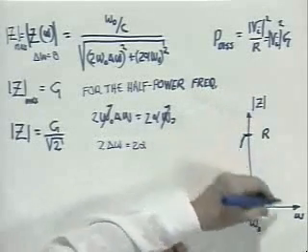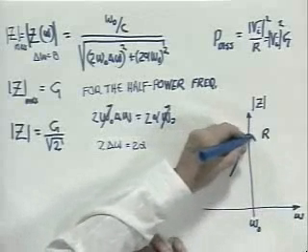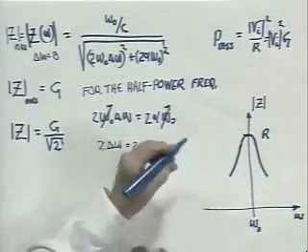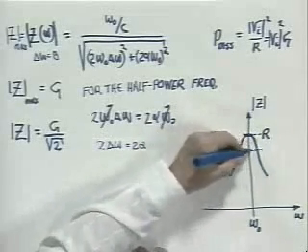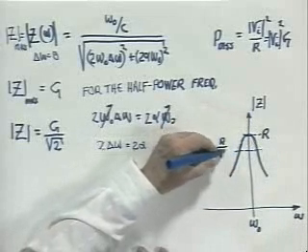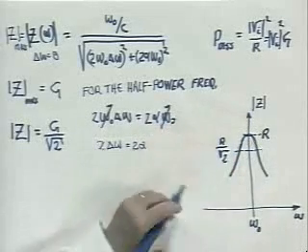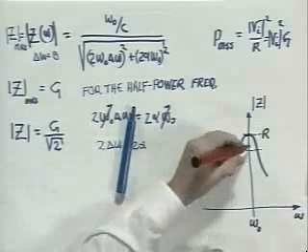If this is on linear coordinates, it falls off in a form that looks something like this. When we get down, this is the value R. When we get down to a value at which the impedance is R over the square root of 2, the power dissipated in R is reduced by half.